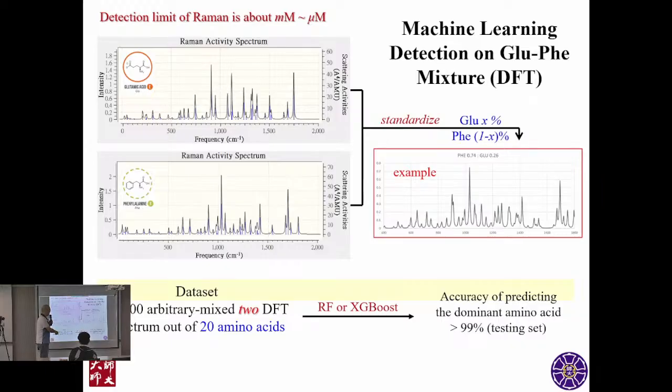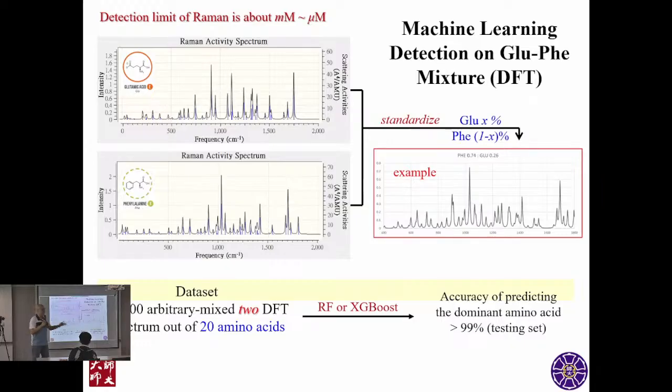The prediction rate is 99% if you train with DFT spectra, which means the DFT spectrum is so clean. All the features are precise. Even if you stick any two amino acids together, random forest can still tell which one is the dominant one. So the good news is that the DFT spectrum is clean. The bad news is that the DFT spectrum has nothing to do with the experimental spectrum.